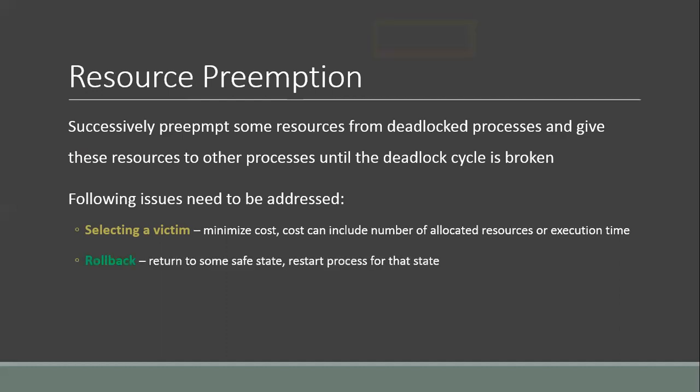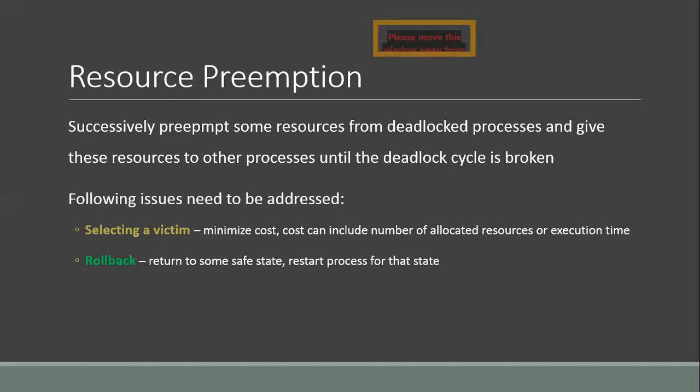The second issue is rollback. Rollback means before we preempt the resources from the process, we will roll back this process to some safe state so that the process could be restarted from that state once the deadlock has been removed. However, in order to roll back a process, we must save necessary information while the process is executing.